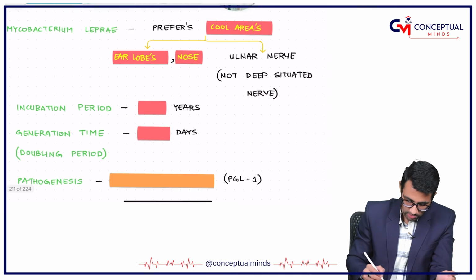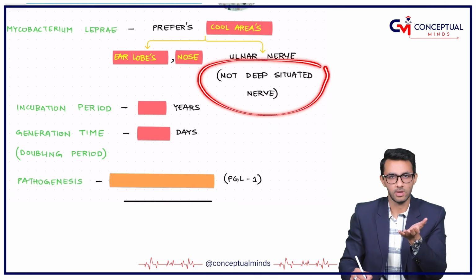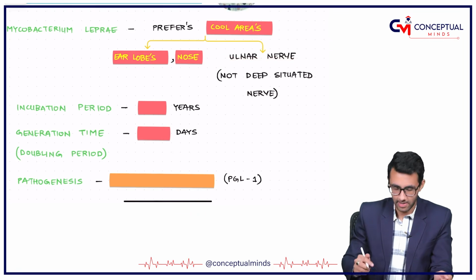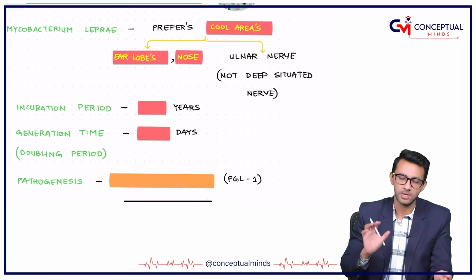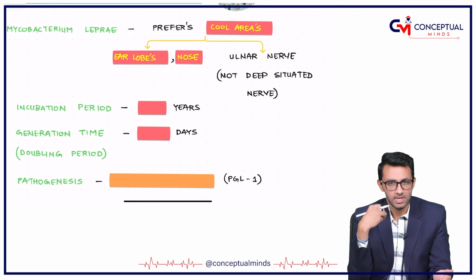About the nerve, it does not like to be situated at a very deep location, so it prefers to be superficial. An example is the ulnar nerve. Other nerves are involved as well, but this is just to give you an understanding about the nature of the bacteria.